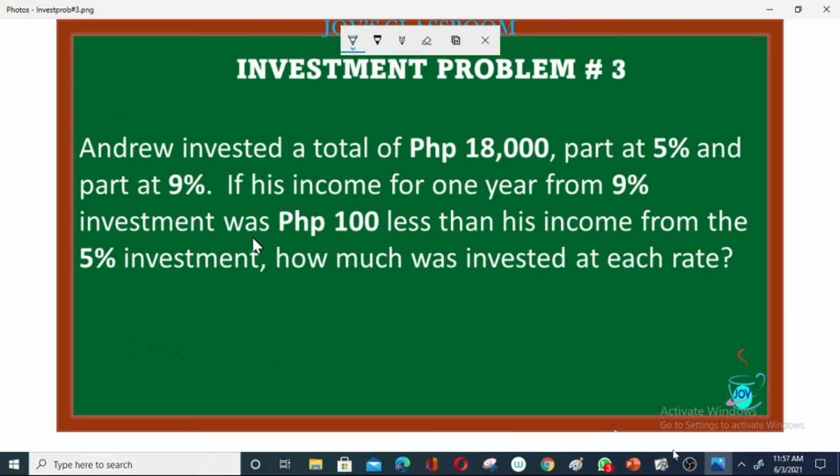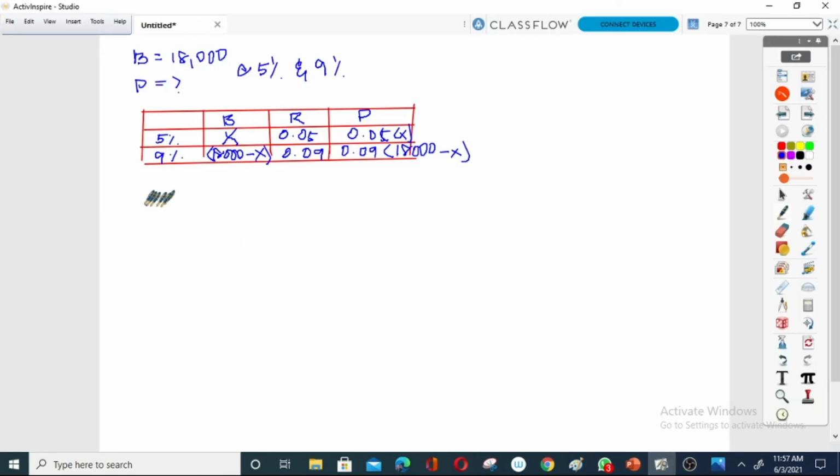The income from 9% in 1 year is 9% multiplied by 18,000 minus x.